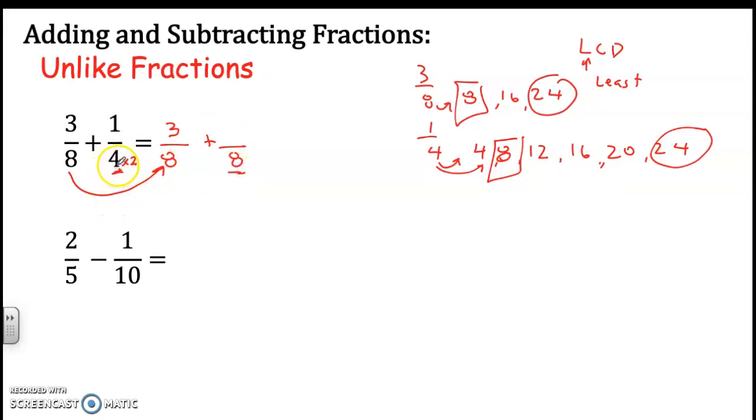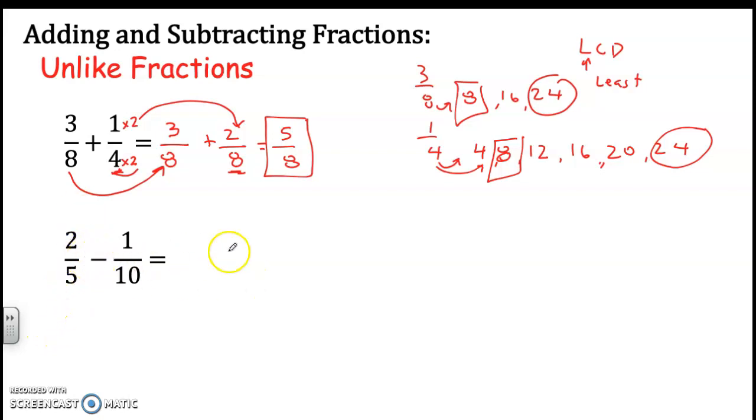If I multiply times 2 on the bottom, multiply times 2 on the top. 1 times 2 is 2. 4 times 2 is 8. And now I have the same denominator. Once I have the same denominator, you keep the denominator and you add the numerators. 3 plus 2 is 5. And that will be my final answer.